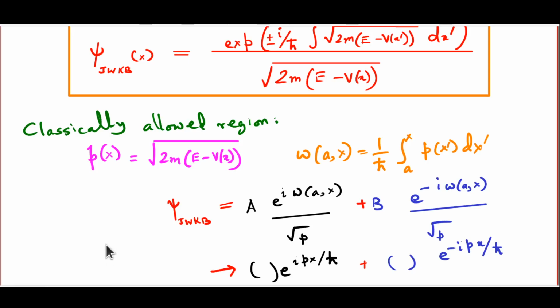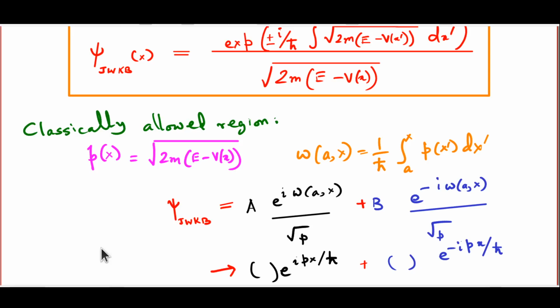The abbreviation I am referring to is W(a, x), which essentially is the phase factor sitting in the exponent. We use the abbreviation W(a, x) to stand for this quantity, 1 over h bar, the integral from a to x of p(x prime) dx prime.